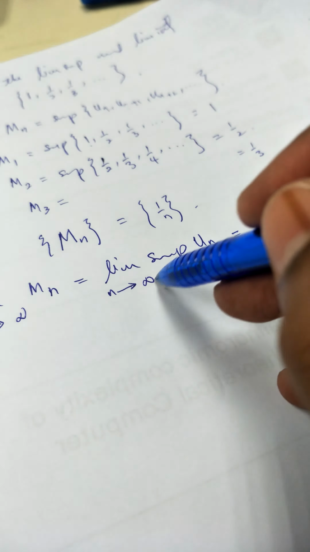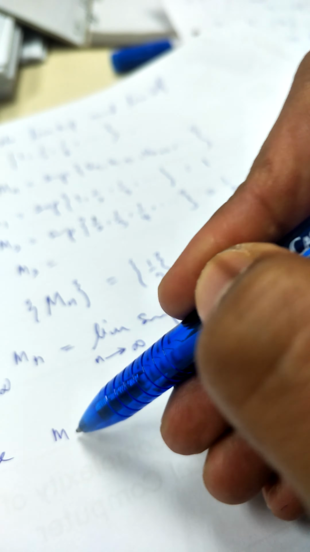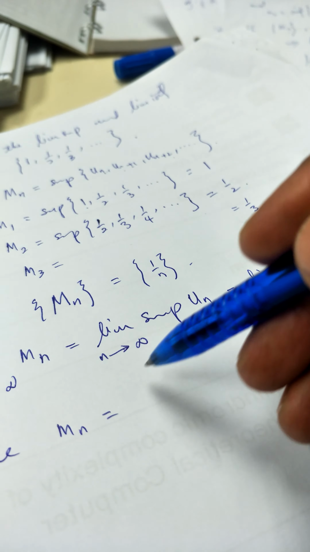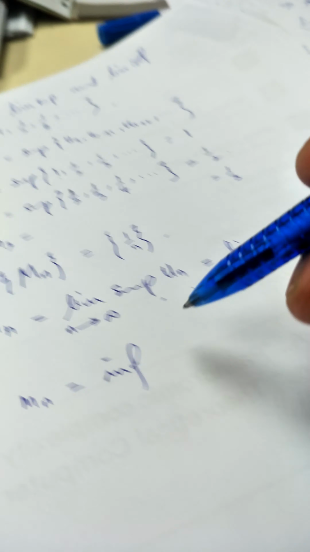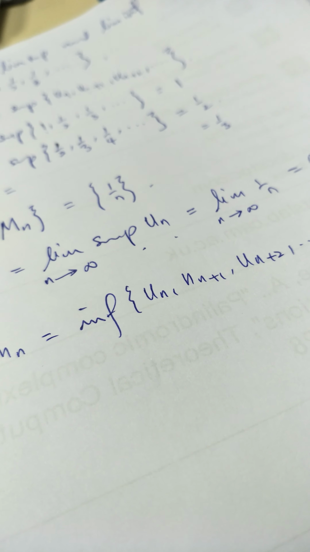Okay. What about the lim infimum? Yeah, lim inf. For the lim infimum, we define small m_n as the infimum of u_n, u_(n+1), u_(n+2), and so on.